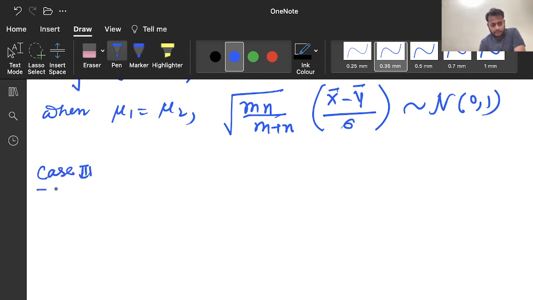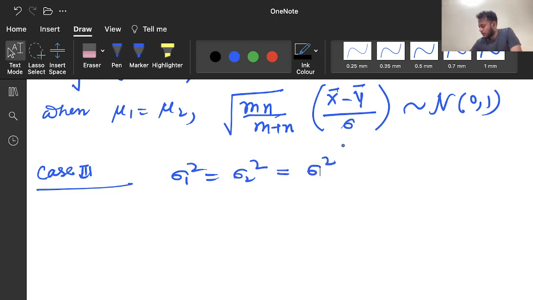Now here, case 3: sigma 1 square equal to sigma 2 square equal to sigma square.